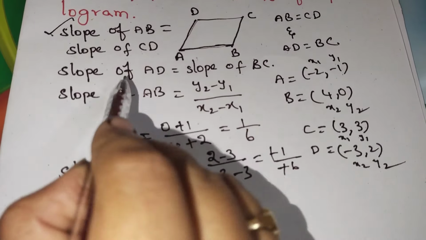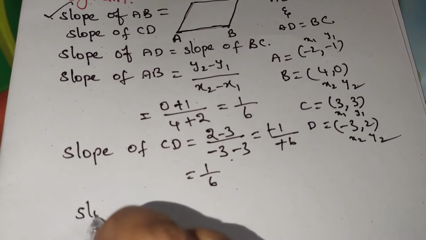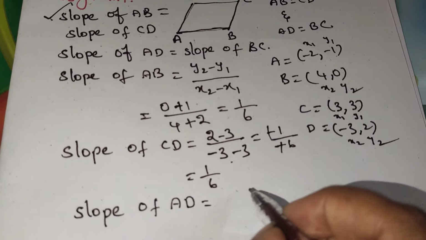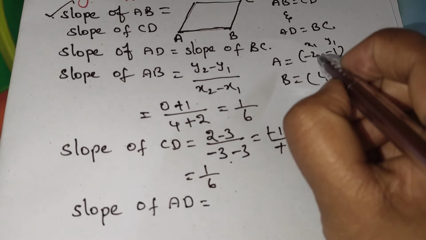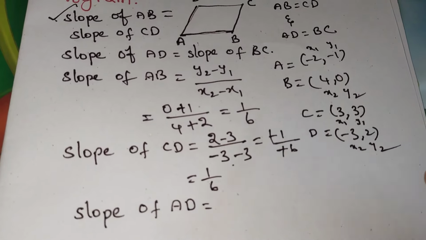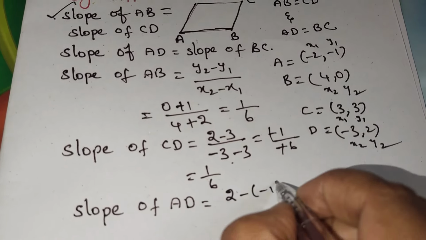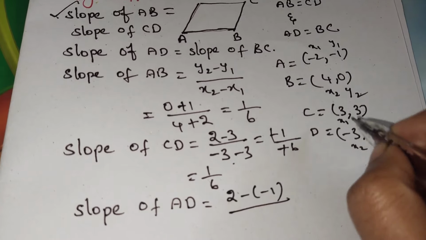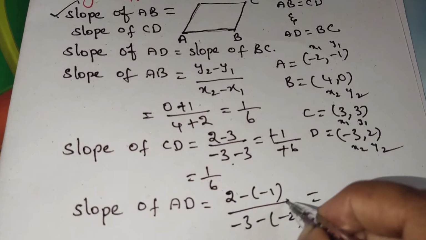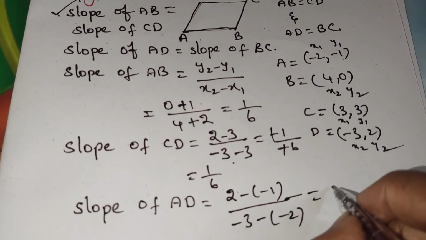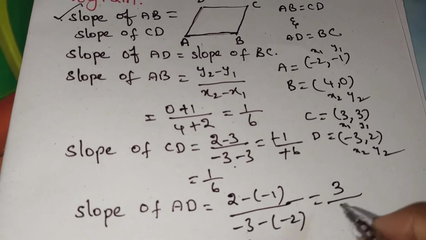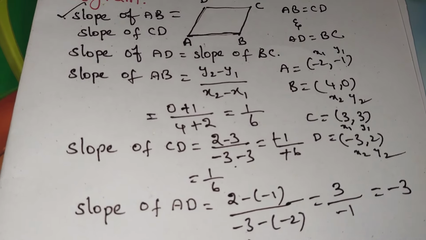Next, the second one: the slope of AD equals the slope of BC. First find the slope of AD, which is y2 minus y1 by x2 minus x1. A is x1, y1, D we take as x2, y2. So y2 2 minus of minus 1 by x2 minus x1, minus 3 minus of minus 2. Then 2 plus 1, 3, divided by minus 3 plus 2, minus 1. It is minus 3.